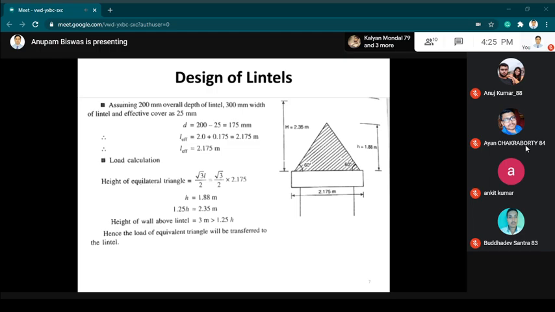Here we see that the total height above the lintel is given as 3 meter. So we see that capital H is more than 1.25 small h. So we can consider the load in terms of the equilateral triangle only, since capital H is more. Fine.